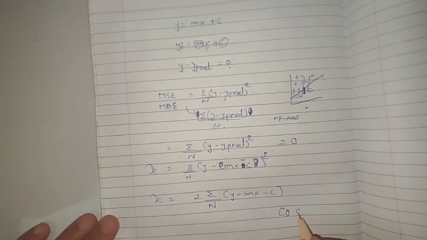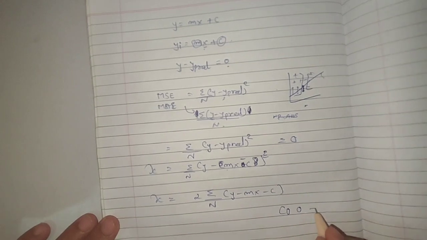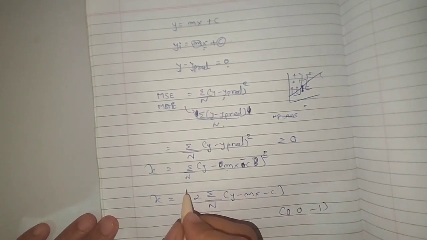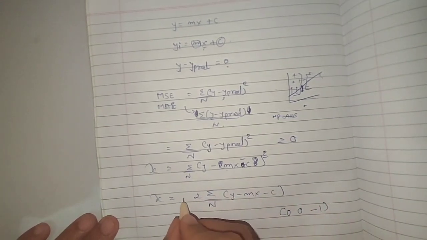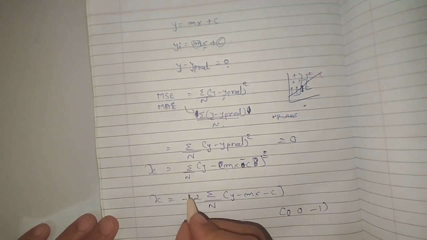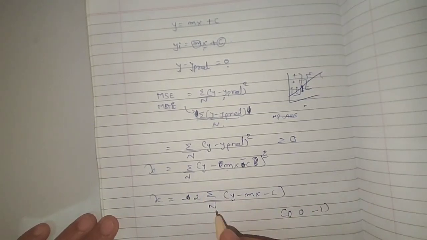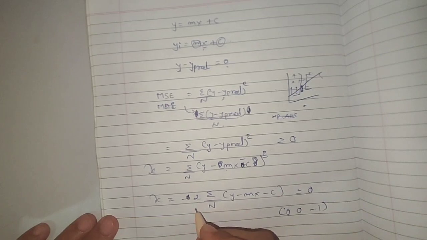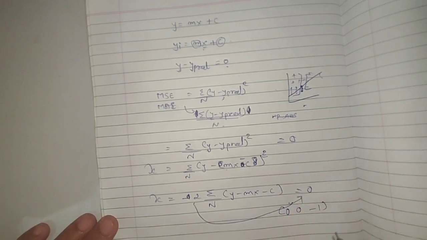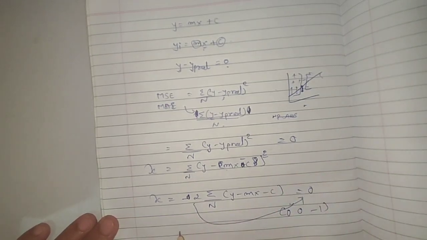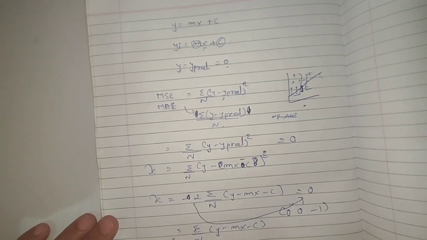Is there a c? No, so 0. Is there a c? Yes, so minus 1, right? So we are going to multiply this entire equation with minus 1. Okay, so it means minus 2, but again here is 0, so it is in multiplication. We just shift it to the 0. Boop, it's removed. So we are left with sigma n, y minus mx minus c, right?